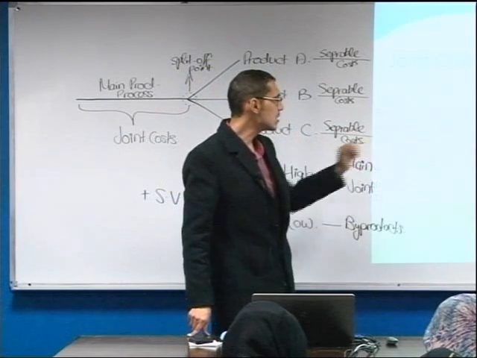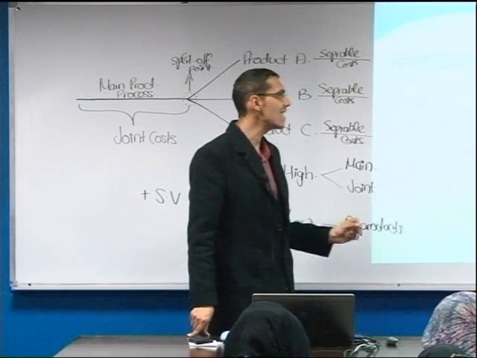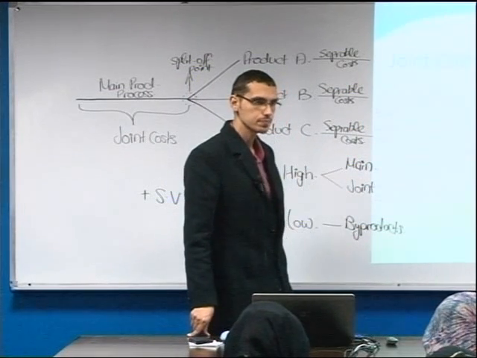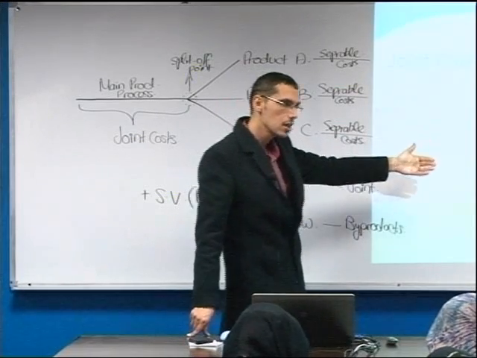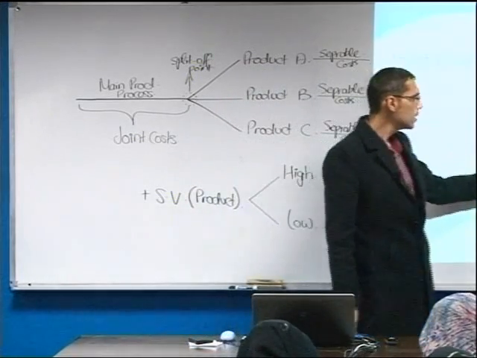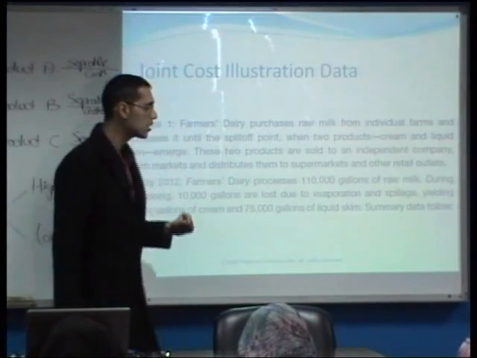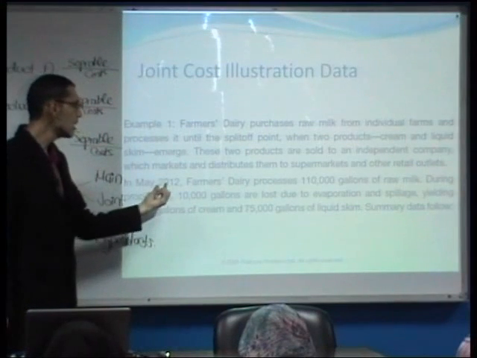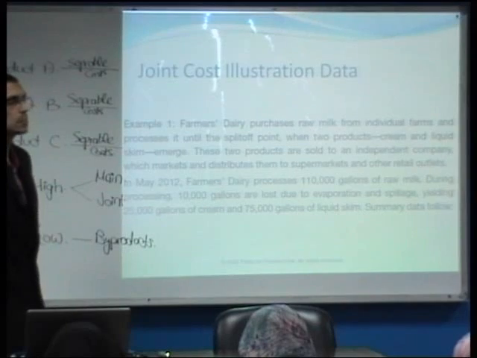In May 2012, Farmer's Dairy processes 110,000 gallons of raw milk. This is the joint process. During processing, 10,000 gallons are lost due to evaporation and spillage.